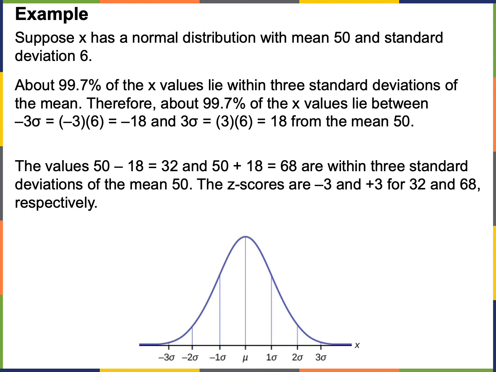And then your lower value is going to be 32, because you're going to do 50 minus 18, which is 32, and that's over here, 32. So from here to here is 99.7% of all your data, okay? Which makes sense because you see that it's 99.7% of the area underneath the curve anyway.